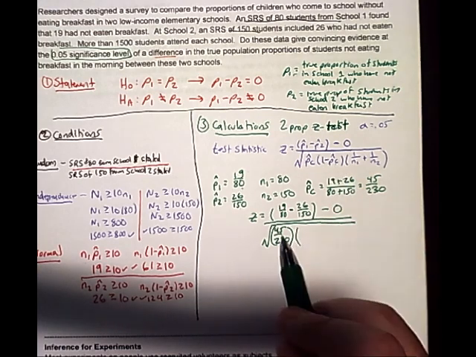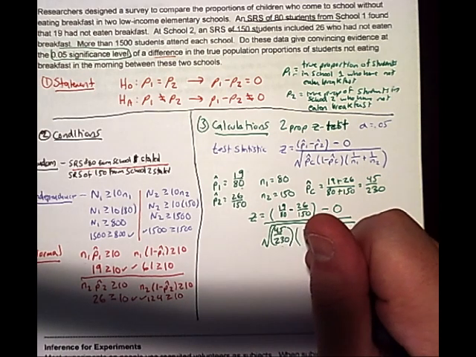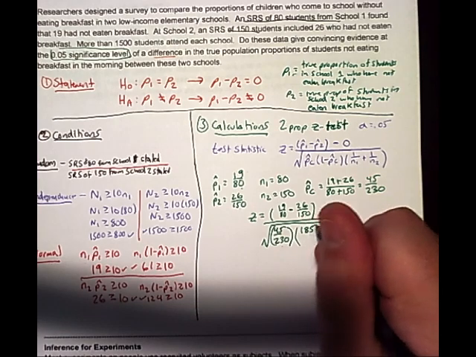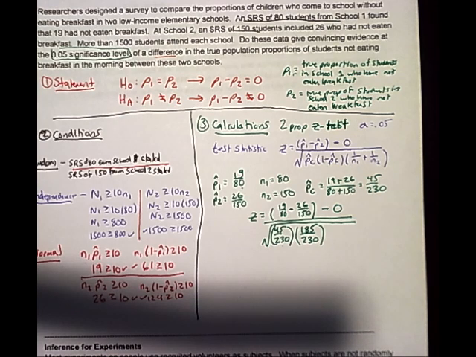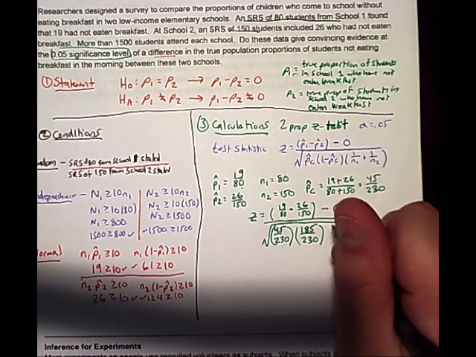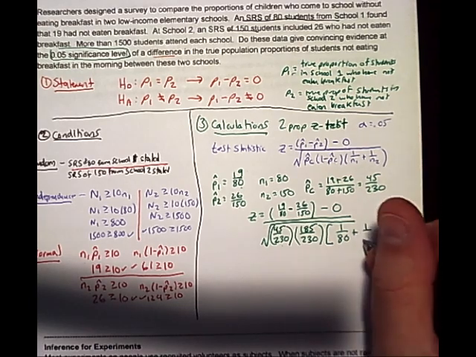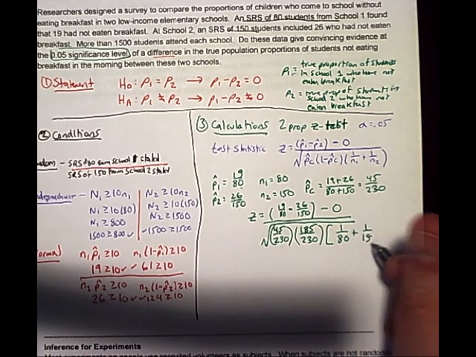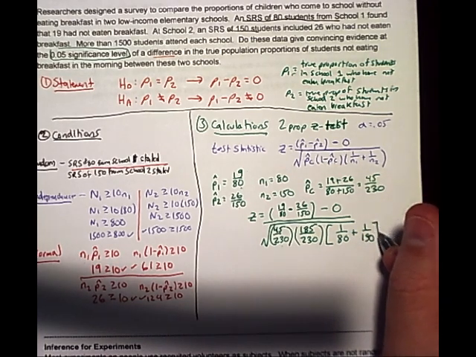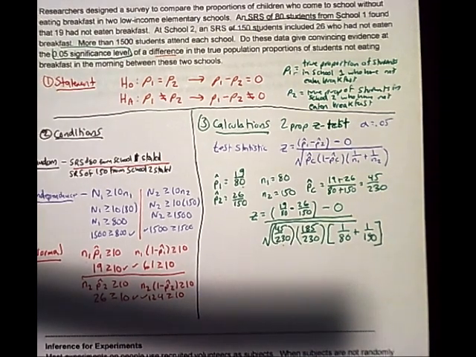As a fraction, it would just be 185 out of 230. That would give you the same decimal. All times 1 over 80 plus 1 over 150. So that's how you're going to find your test statistic.